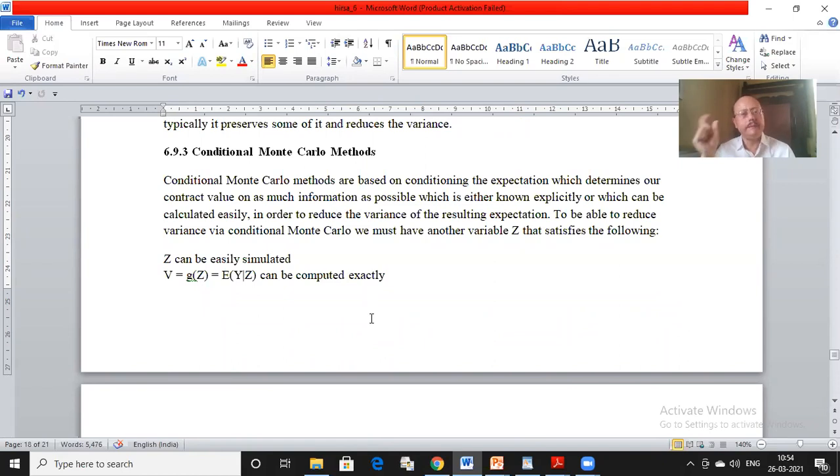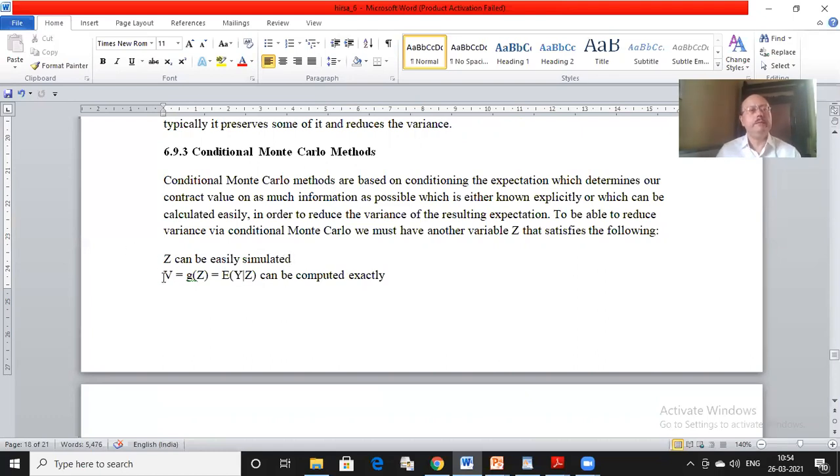If it is such a situation, then I can use this z to reduce the variance of the resulting expectation, because I know that if I use conditional expectation, I will be able to reduce variance. So this is the idea of the conditional Monte Carlo. So I need a Z which can be very easily simulated, which I can study very easily.